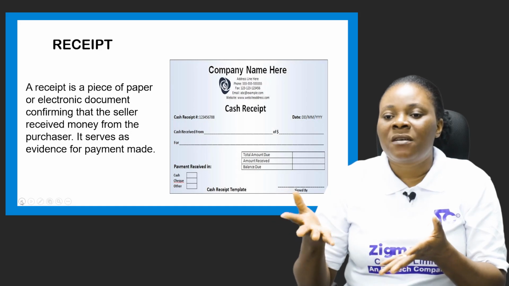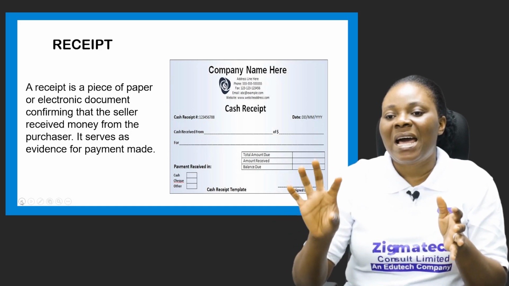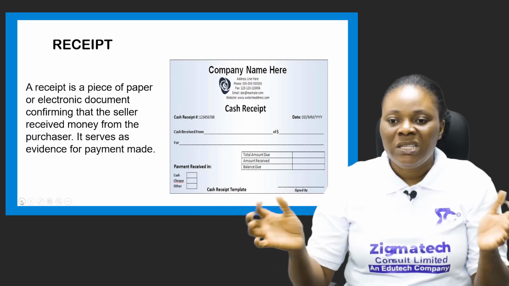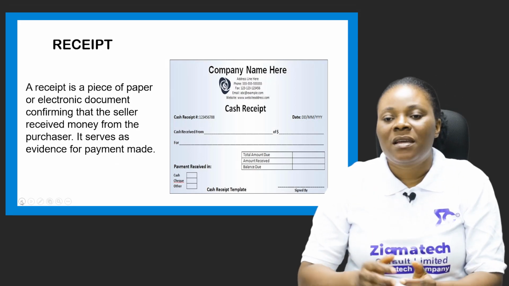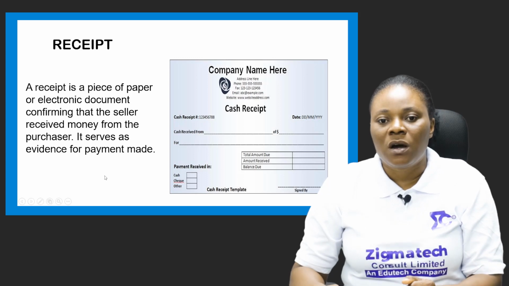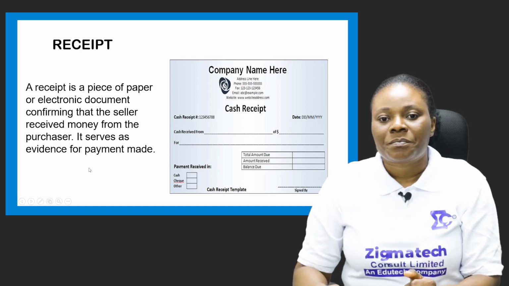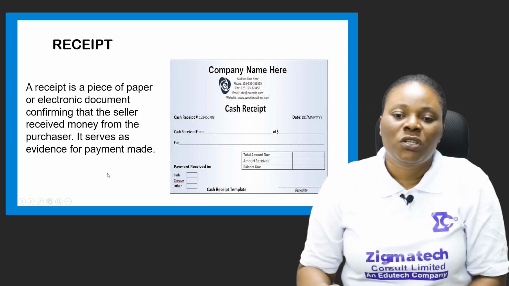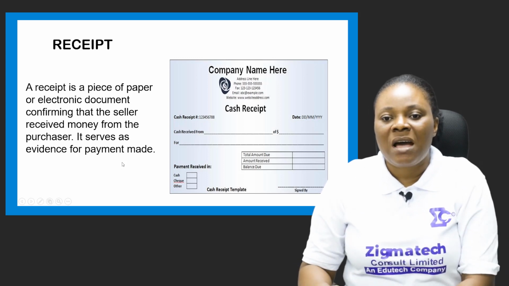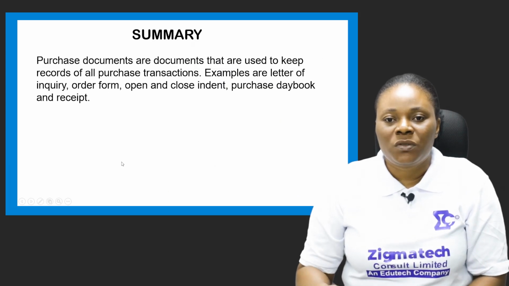You can also have a column where you have balance due. Then the receipt is signed by the issuer of the receipt. So these are the various purchase documents we have for today's class.